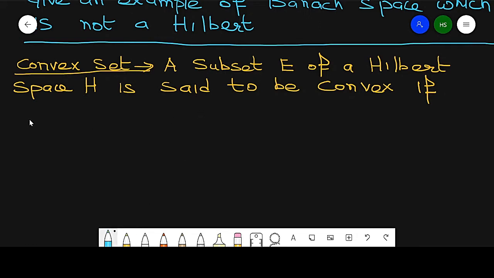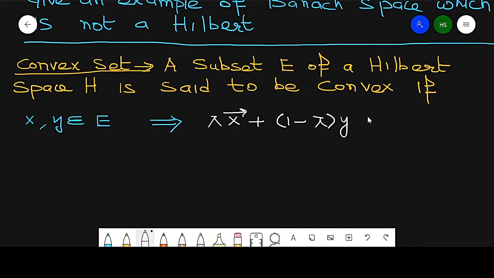Which is that property? If we take two vectors x, y belonging to E, it implies its linear combination lambda x plus 1 minus lambda y belongs to E, where lambda lies between 0 and 1.